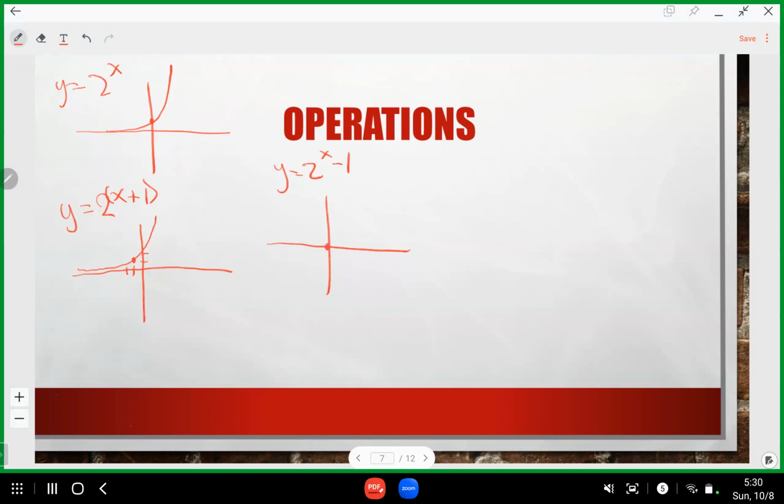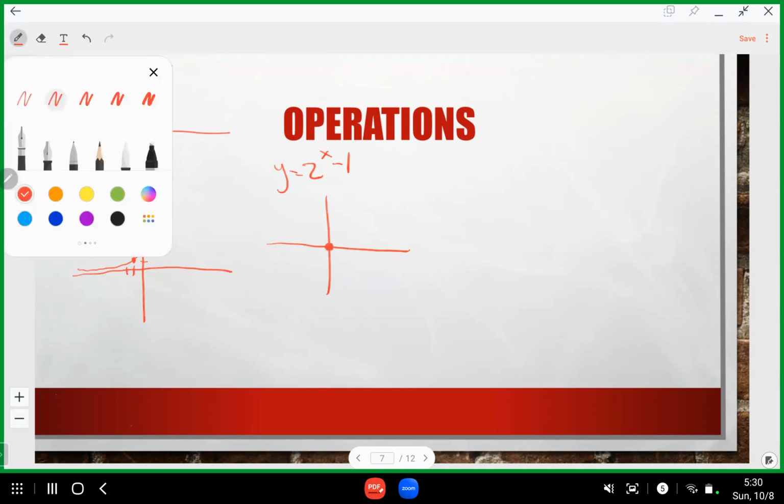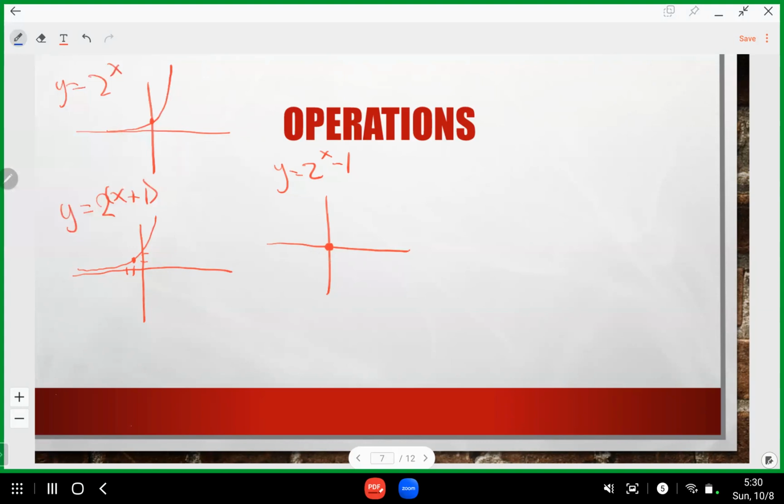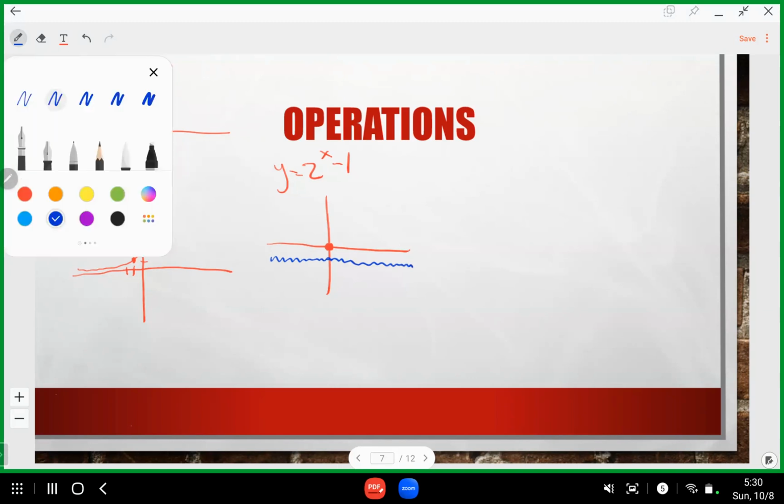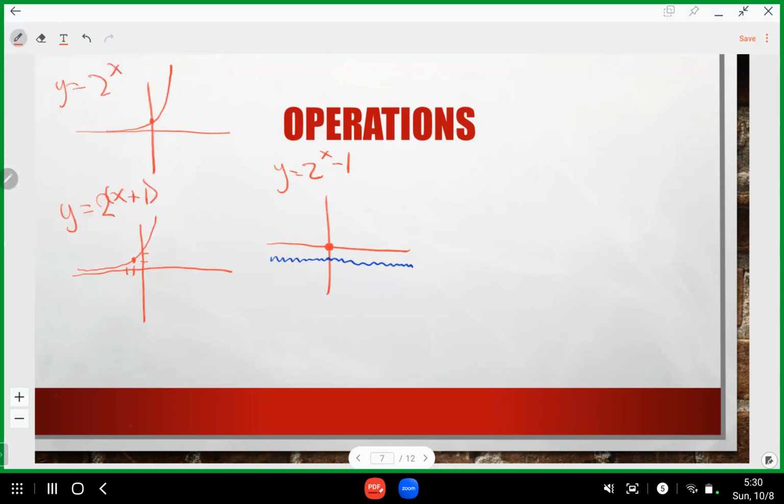The horizontal asymptote is also moved down by 1 here. And the graph is going to shift accordingly, like so. So that is y is equal to 2 to the x minus 1.